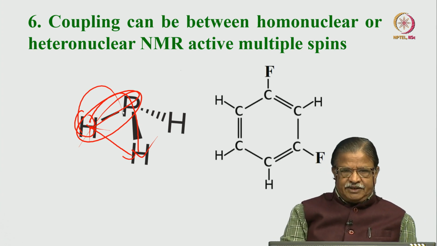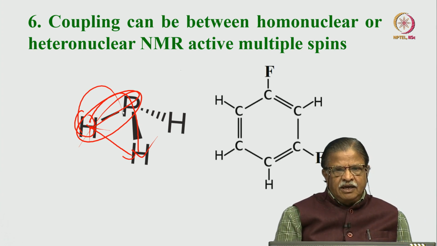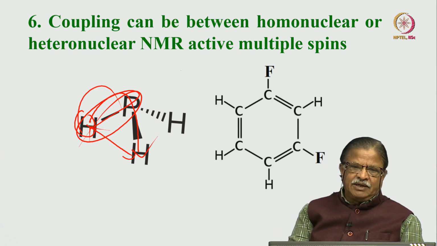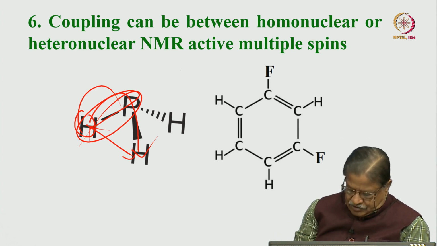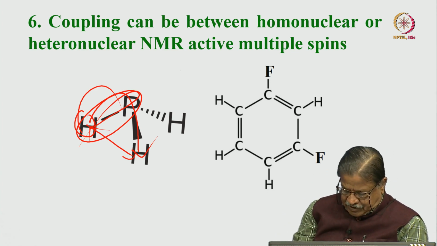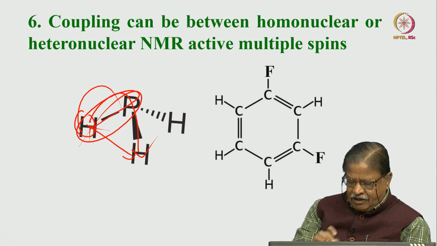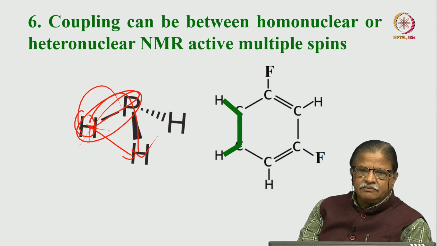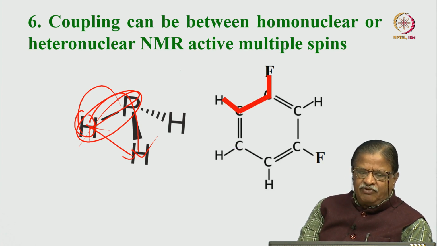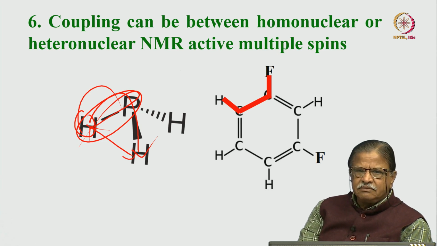Consider a molecule like this. Now we have a meta disubstituted benzene with fluorine and fluorine, so there is a symmetry here. Do not worry about the details of symmetry, I am telling you just for understanding. There can be a 3 bond homonuclear proton-proton coupling. There can be a 3 bond coupling between proton and fluorine, heteronuclear.